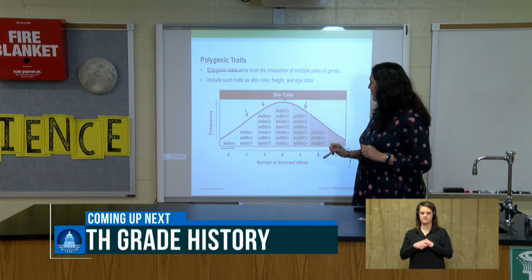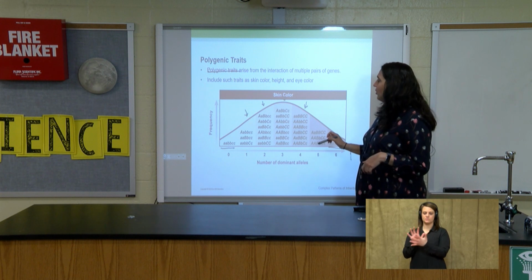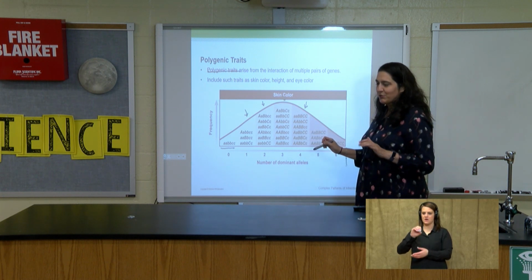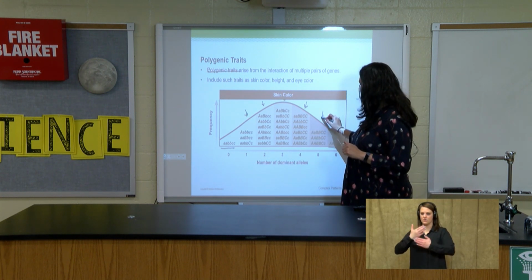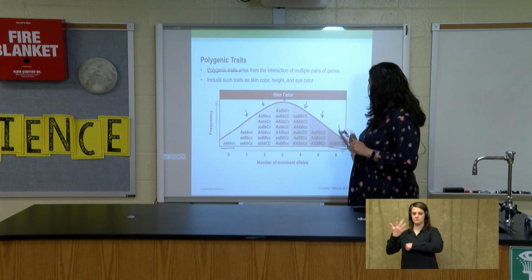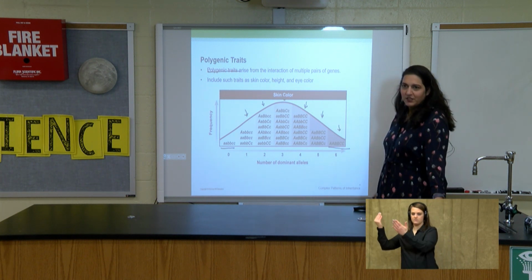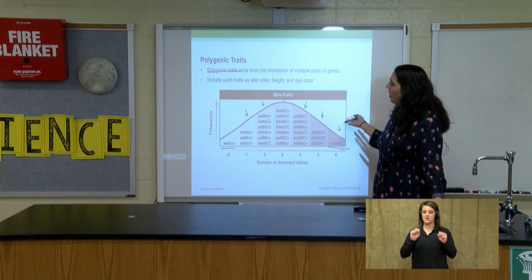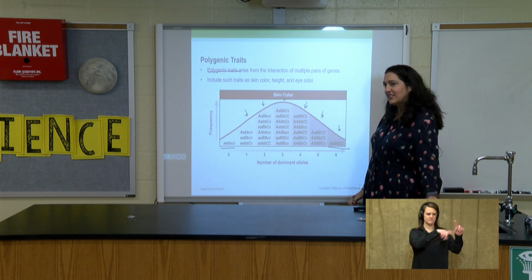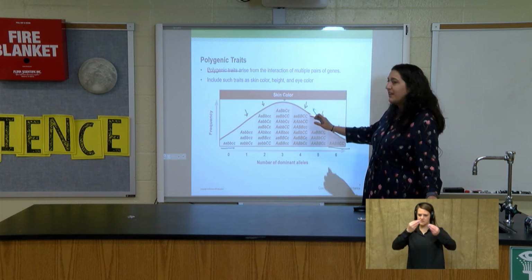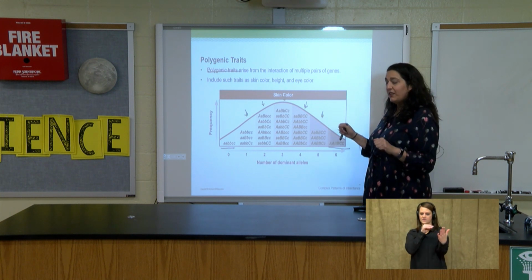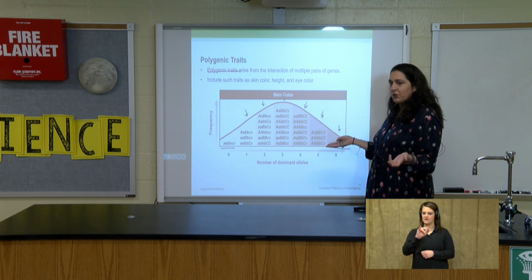Now we have 4 capital letters in any combination. We're in what we call that olive skin tone range. We start getting a little darker. 5, all the way to 6, the darkest of the dark. All right, so we have all these variations, and that tends to be letting you know how many copies of a dominant melanin trait that you have in your body.